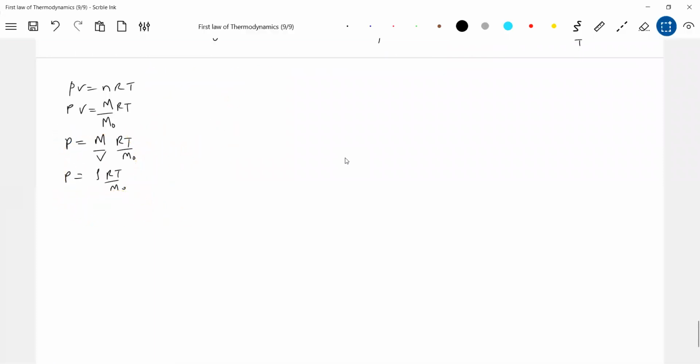R, m naught, T are constant. So even P by rho will be constant for isothermal process. If I plot pressure versus density graph, tell me how the curve should be. It should be a straight line passing through origin.